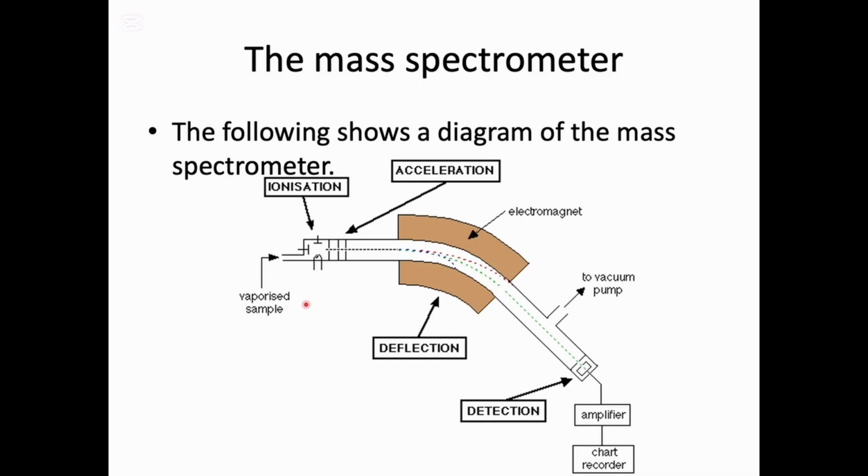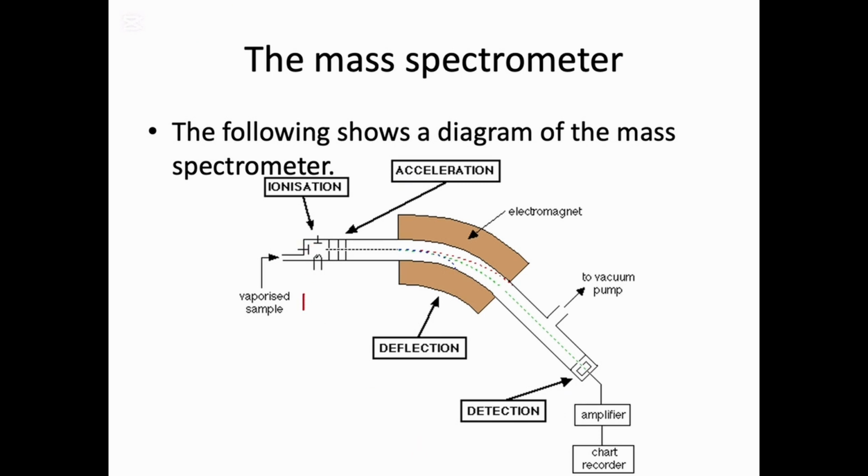In this process, the sample is bombarded by high energy electrons, and these high energy electrons are attacking your sample and knocking electrons off the atoms of your sample. Whenever you are removing an electron, you're producing a positive ion.